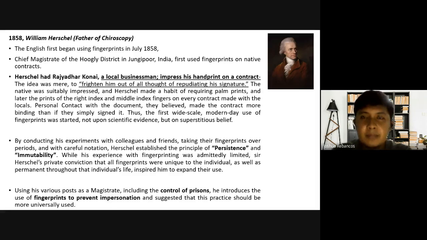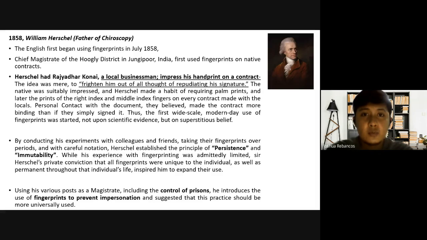Palm. Pag sinabing palm prints, buo. Hindi lang tong fingerprints. Lahat. Palm print. Okay, and Herschel made a habit of requiring palm prints and later prints of the right index fingers, on every contract made with the locals. Personal contact with documents, they believed, made the contract more binding than simply signing it.